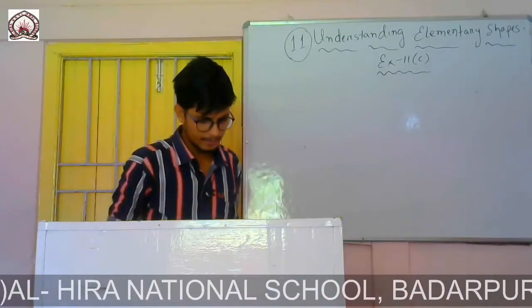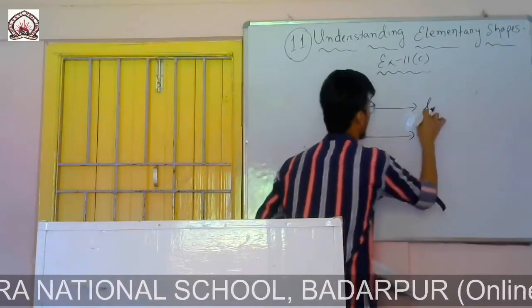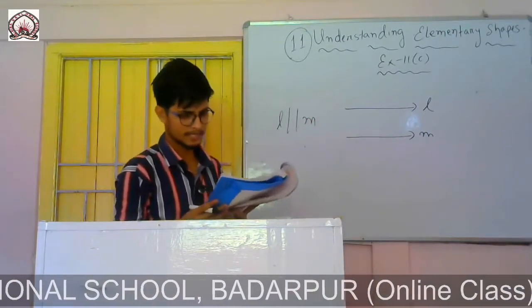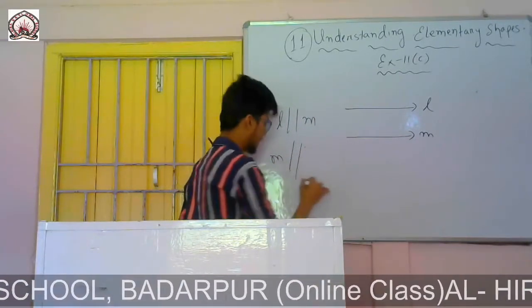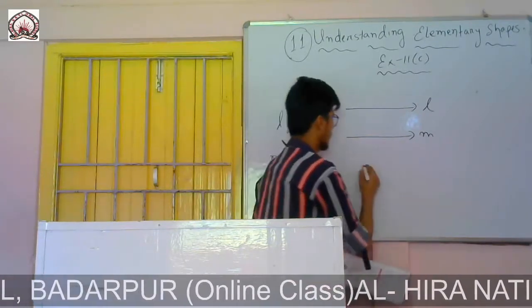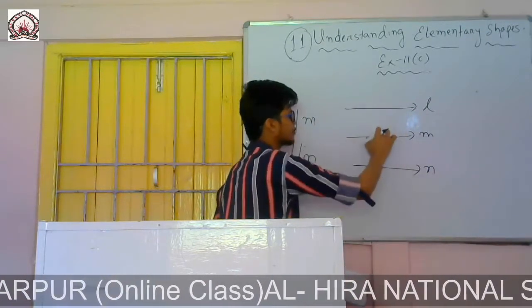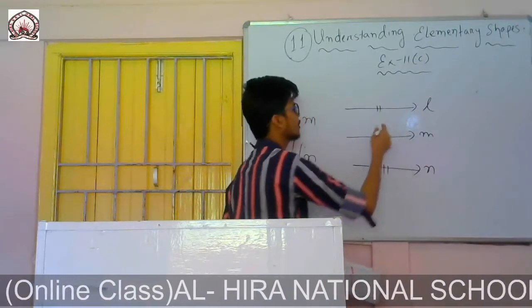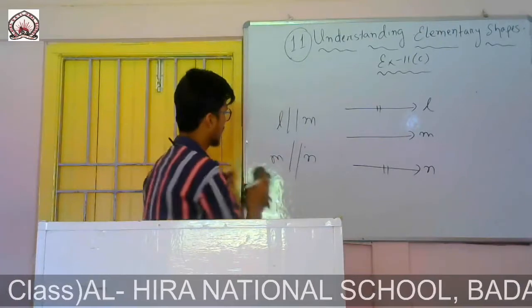It is given that L is parallel to M, so let me draw one line L, another line M. Again M is given parallel to N, so with M I have to draw another line which will be parallel to M. That means if L is parallel to M and M is parallel to N, then L and N will also be parallel. So the answer will be L and N are parallel.